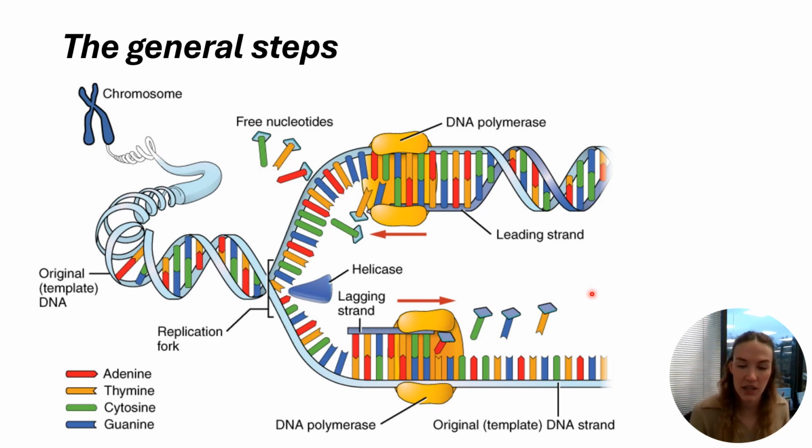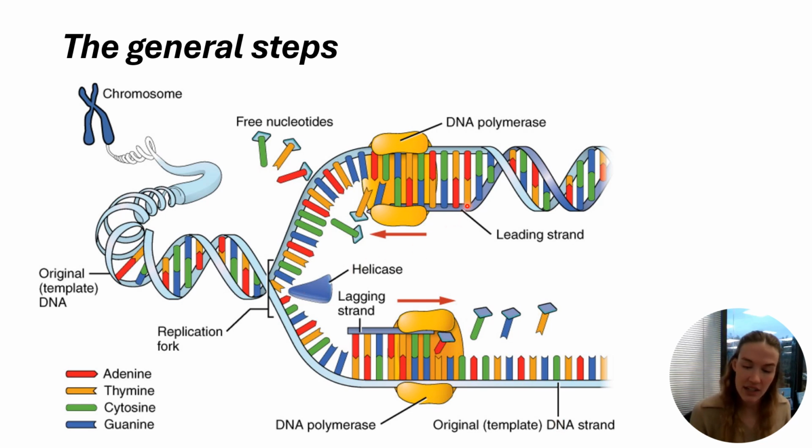So if we have a semi-conservative model, that would mean that each of the original strands are going to act somewhat like templates for a new strand, and then eventually it'll pinch off and you'll have a partially old and partially new strand. So how does this happen? Well, I just want you to think generally. What has to happen here? I need to have something that splits open my strand so that we can access those parent strands.